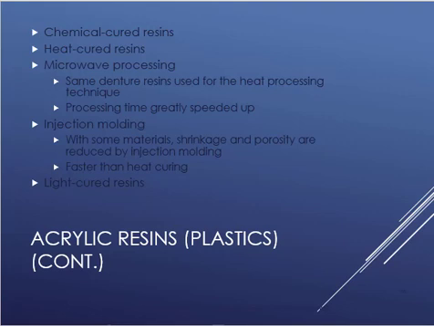Another thing is injection molding, which is a way of processing by injecting the material into a mold when it is in the doughy form, so the second to last stage. And that helps with shrinkage and porosity. It helps to reduce that.